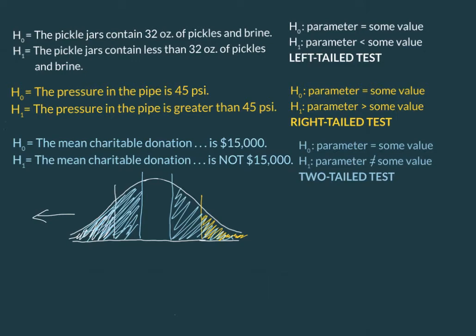We don't know necessarily what the mean charitable donation is. We just know it is not within a range close to $15,000. Please notice that your less than or your greater than sign indicates the direction by which we name it. So if it's a less than, it's pointing left, it's a left-tailed test. If it's pointing right, it's a right-tailed test.